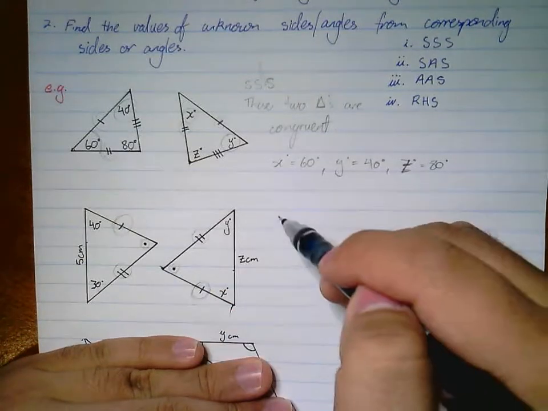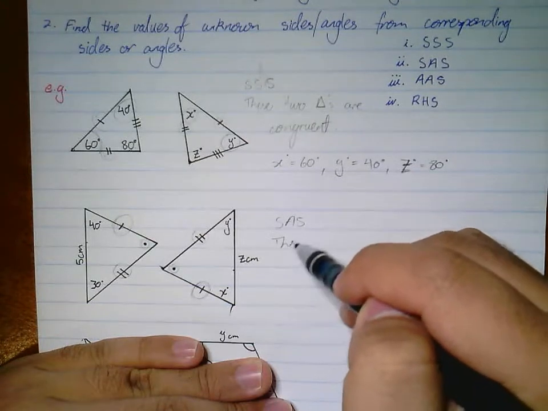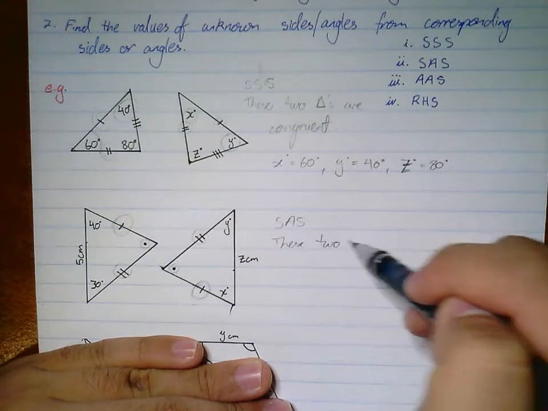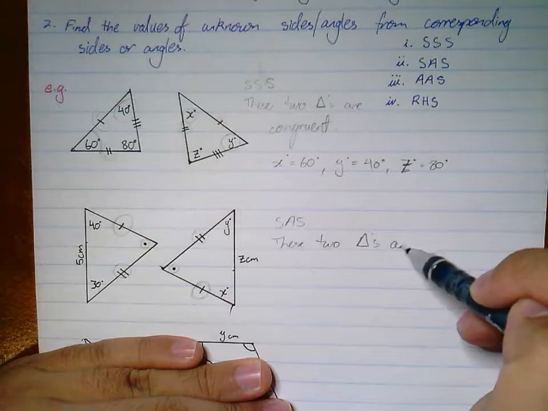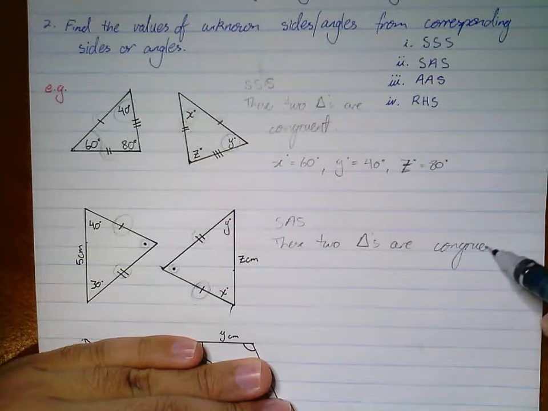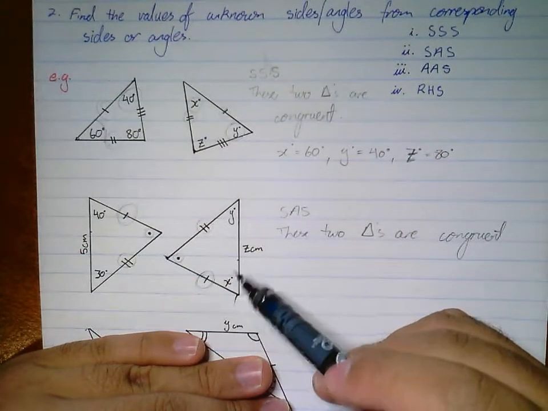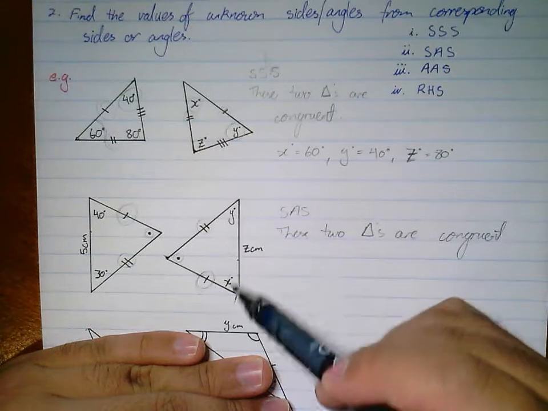So side, angle, side. We'll say again, these two triangles are congruent. And as a result, we can figure out what these values are.